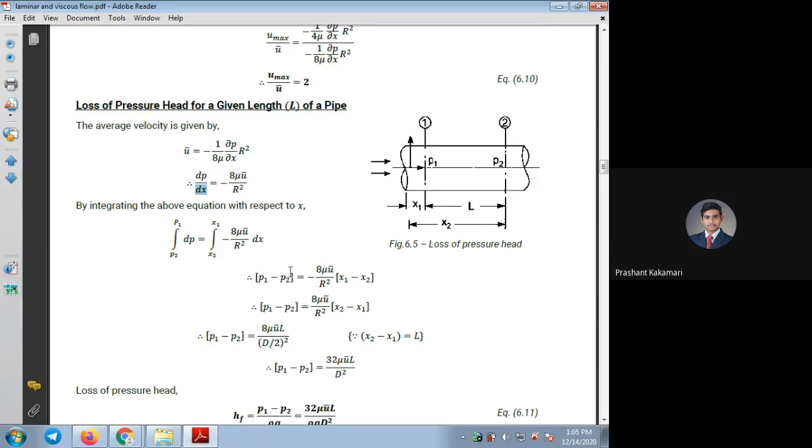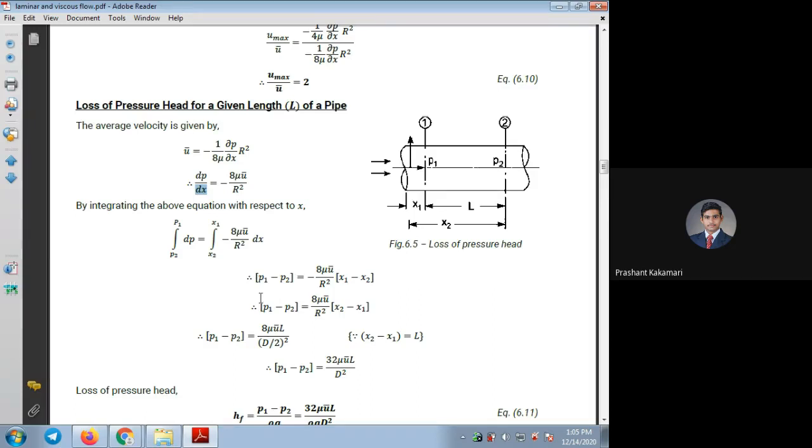Now once you integrate the flow equation, I can integrate dp between P1 and P2. The same dx term I can take to the other side, keeping 8 mu u bar and r square as constant terms. Once you integrate dx between x1 and x2, I can write it as x1 minus x2.